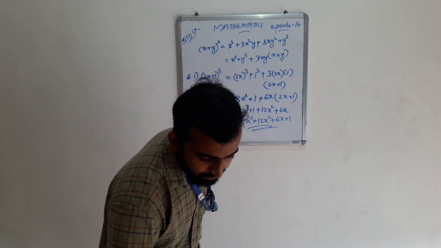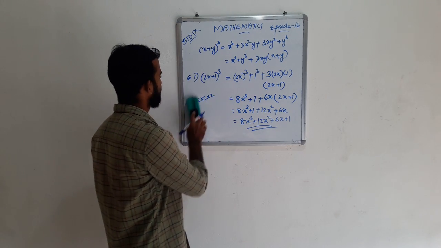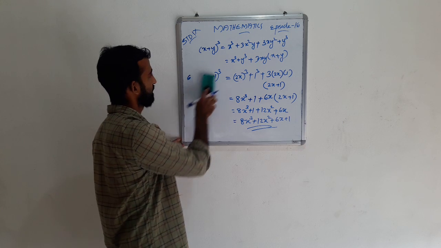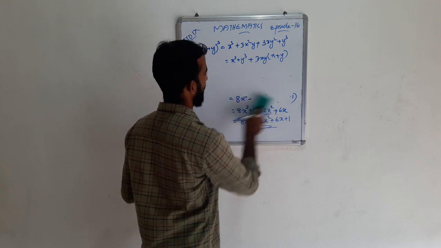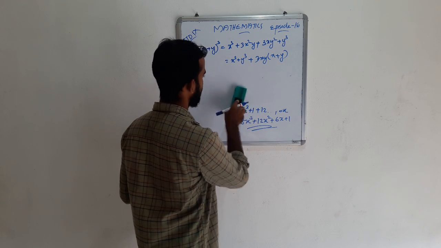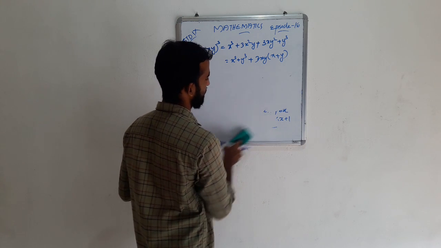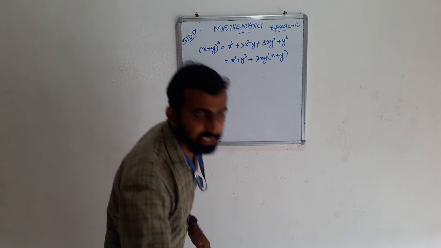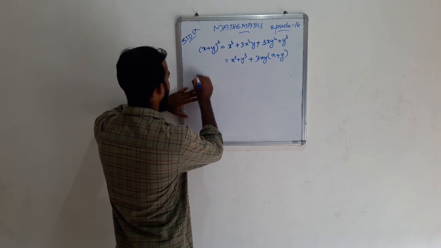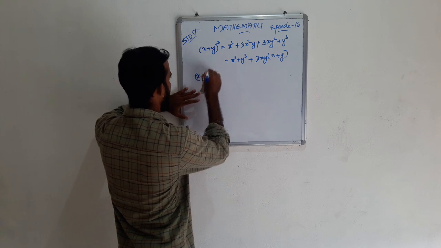The second one: what is the identity for (x - y) the whole cube?